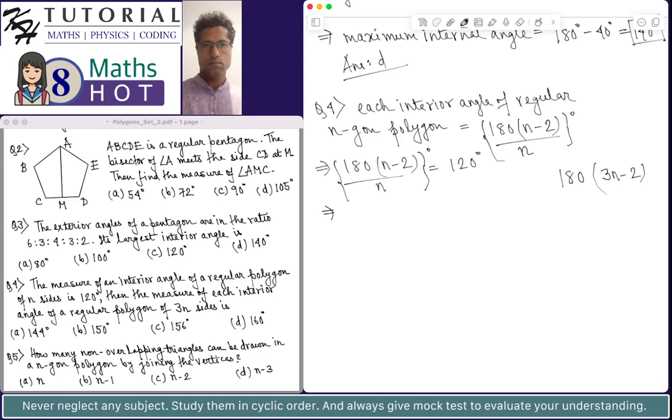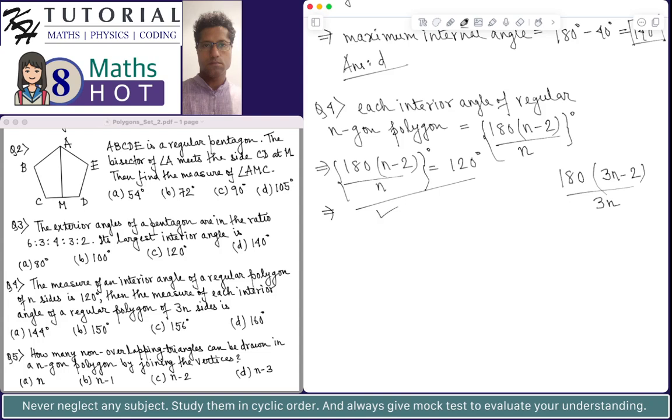Using the result 180 multiplied by (n minus 2) divided by n equal to 120, can we find the value of this? I don't think it will be easy. So let's anyway find the value of n.